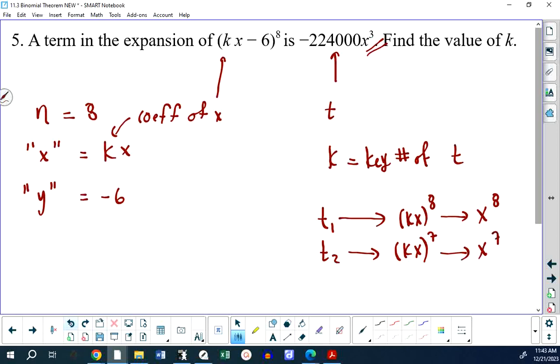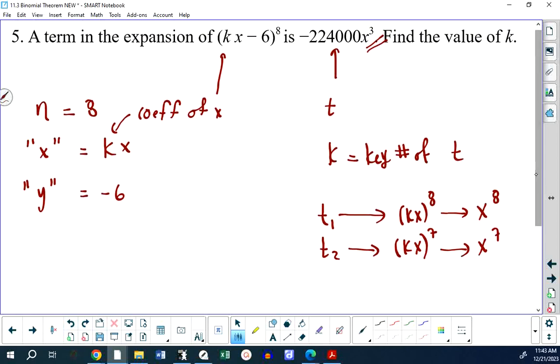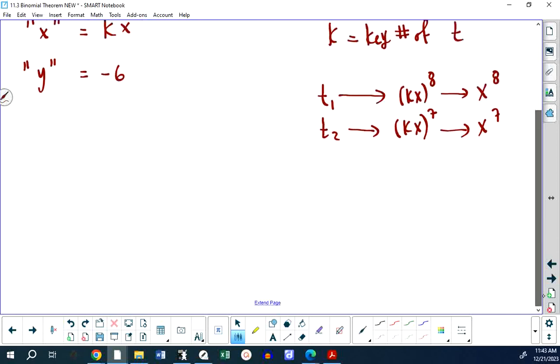Oh, okay. So which term will contain x cubed? Well, we can just continue this pattern. I'd be very cautious about counting this off in your head. It'd be very easy to make a mistake. So the next would be x to the 6, then x to the 5, then x to the 4, then x to the 3. So this is the third term.